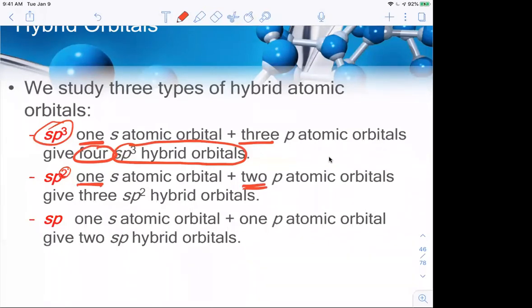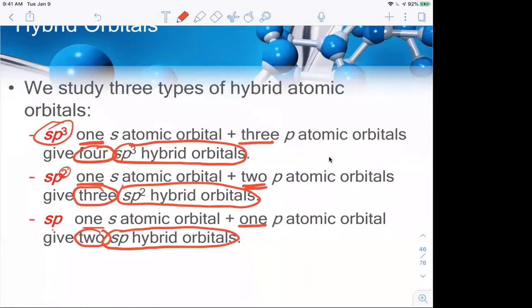I get three hybrid orbitals. sp, I have one s and one p, that gives me two sp hybrid orbitals.